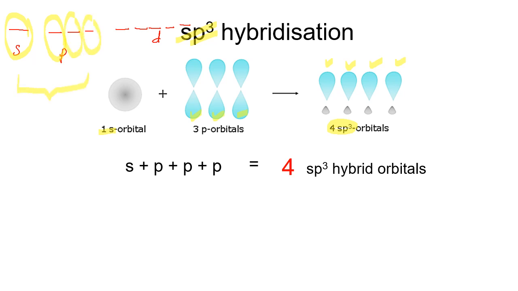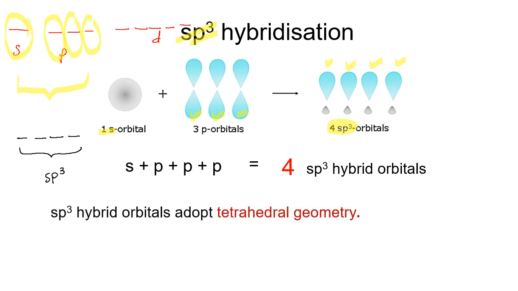Therefore, you will get the result as 1, 2, 3, 4, and all of them are called sp3 hybrid orbital. And this sp3 hybrid orbital can adopt tetrahedral geometry.